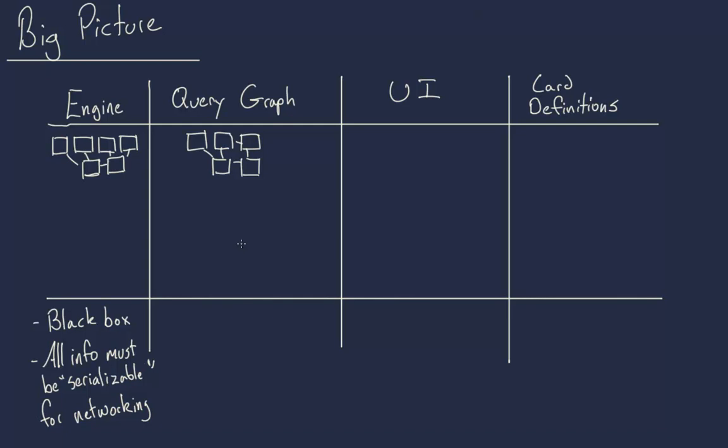So if you're wondering what in the world I'm drawing, that's what I'm drawing. The responsibility of the query graph is to be incredibly simple and straightforward. They're just going to be a bunch of classes that have some relationships that you can navigate across to inspect the state of the game. The query graph represents the current state of the game in a very simple and straightforward data model.